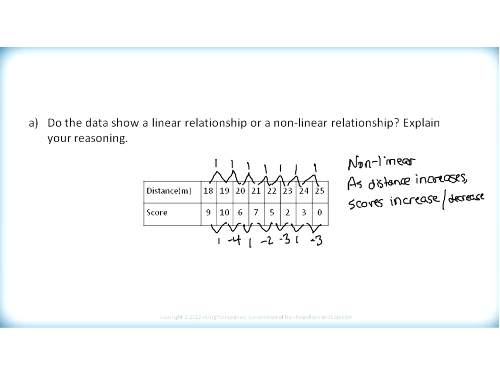Scores increase and decrease from one position to the next, and they're doing that inconsistently. Okay, so it's a nonlinear relationship. That's what I'm seeing from the data. So we're going to graph it now and compare.